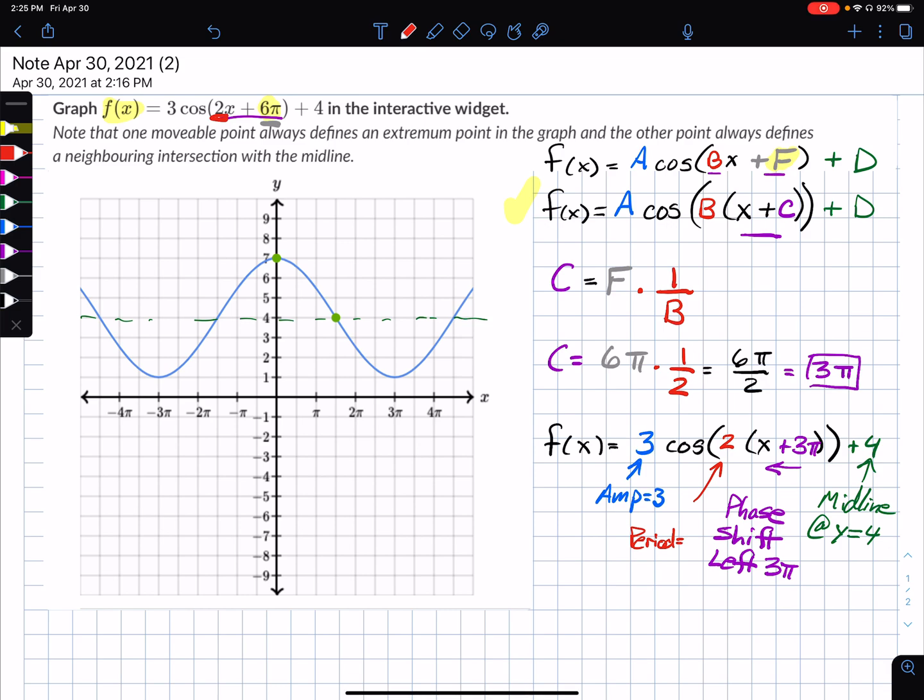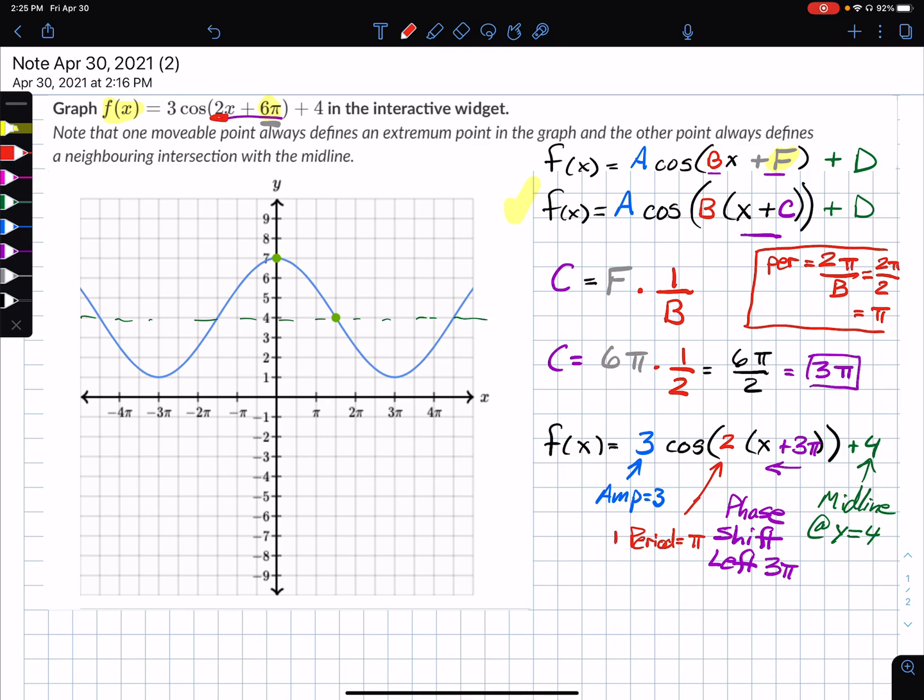Remember, we can calculate this quickly. I should maybe just use a little space up here. Period is equal to 2 pi divided by the b value. So in this case, we're going to get 2 pi divided by 2, which is just pi. So the period is pi. Now, on the topic of period, that's one period.